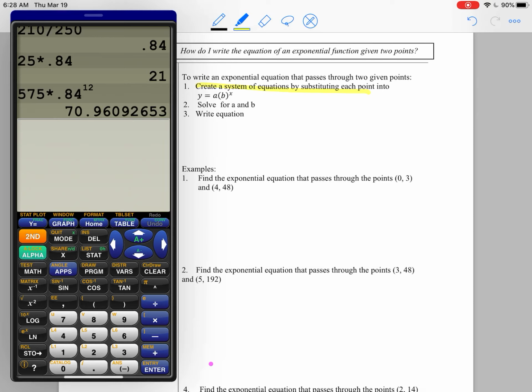So here we go. I'm going to show you how to do the first one. What's going to happen is you're going to put the equation with the highest x on top, and I'll explain that in just a second.